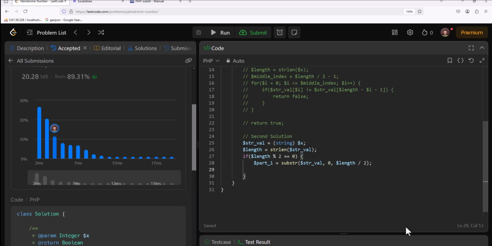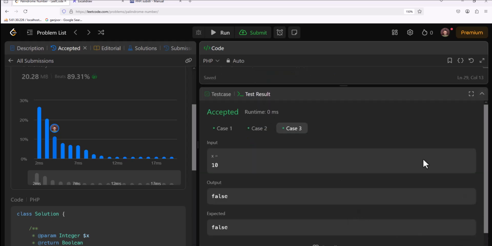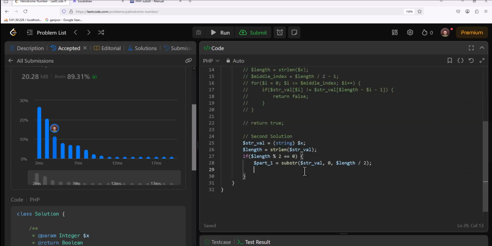Is it possible to log something here? Let me check. Echo part 1. And part 2 would be substr. I think we need this middle index. We always need this.